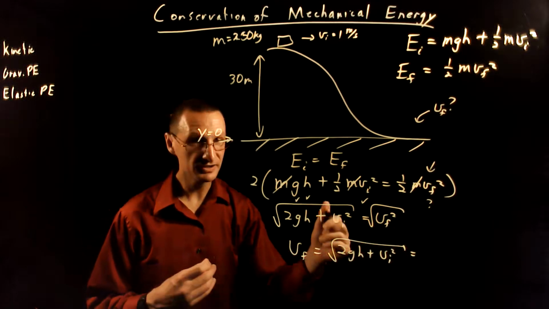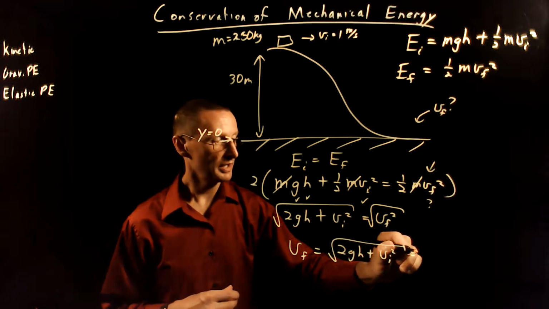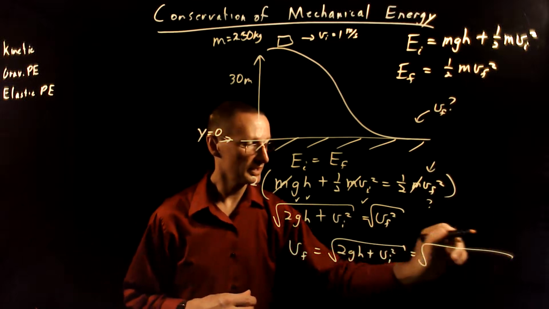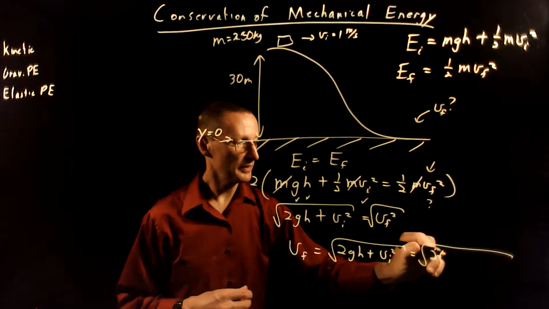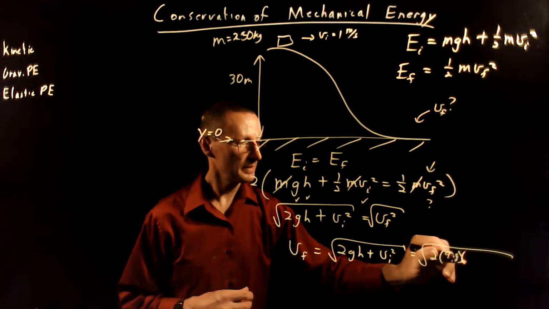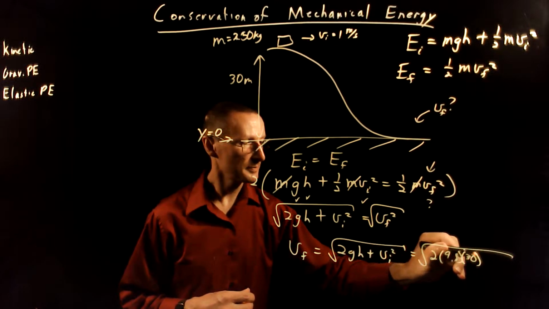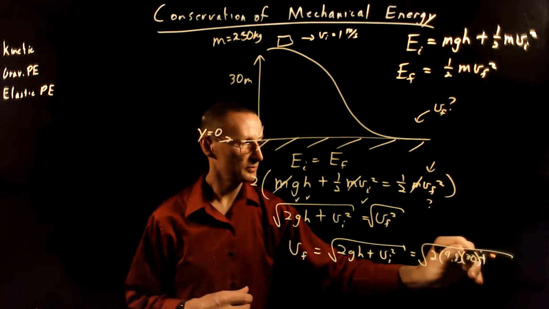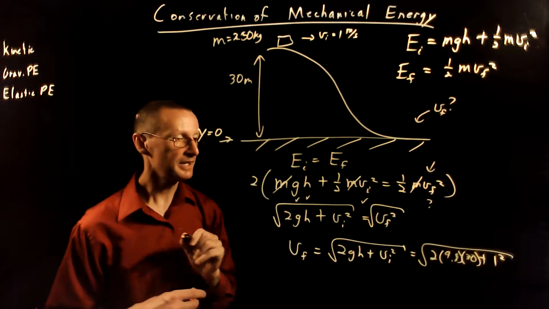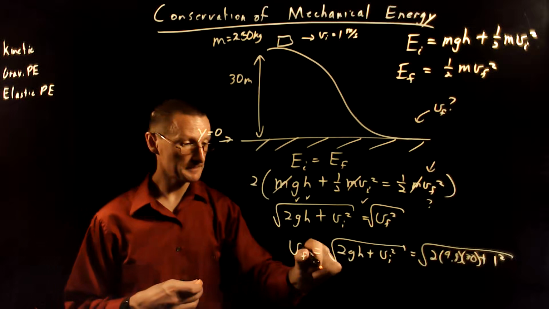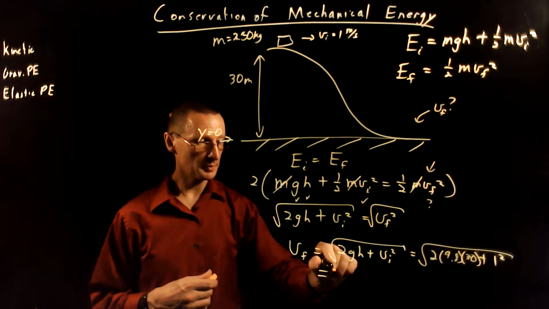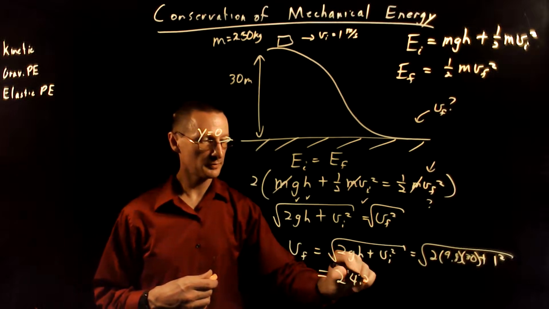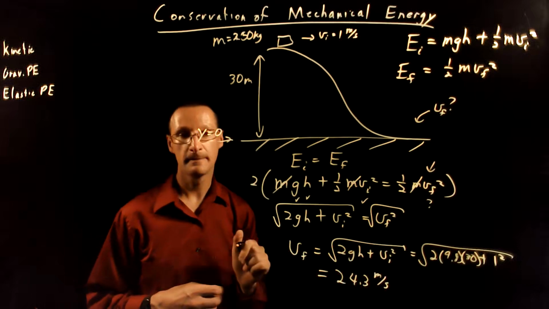And if I put the numbers in, I'm just going to put the numbers in with no units just for clarity's sake. Here is 2, and that's 9.8. Height is 30 meters, plus the initial velocity is 1 squared. So when I plugged it in my calculator, I get that equal to approximately 24.3 meters per second.